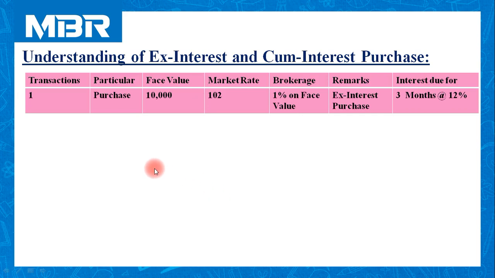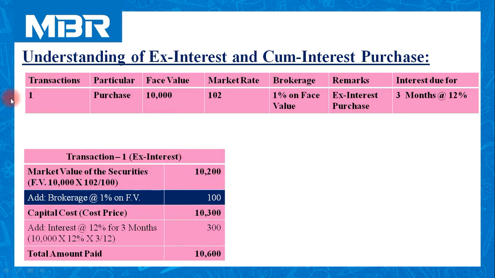Let us pass the effect of all these items in our calculation. Transaction number 1, it is an ex-interest purchase. What is the face value of the security? It is given in the table. Face value of the security is 10,000. Market rate of the security is 102.